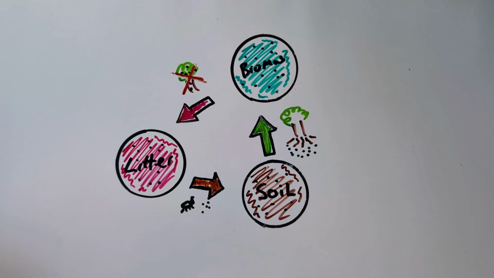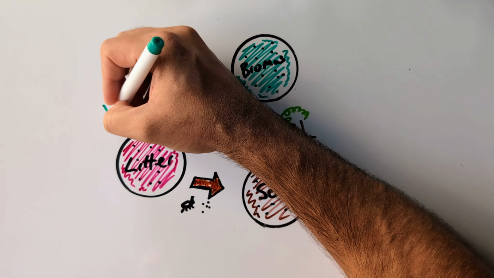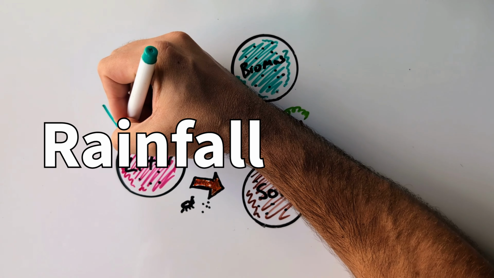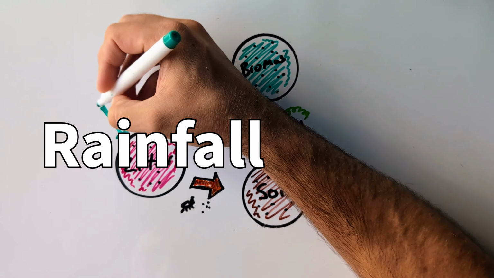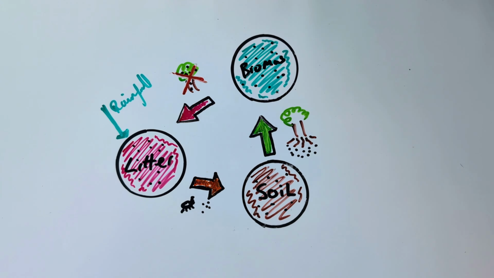Before we do our recap, we need to think about inflows and outflows. So let's do the inflows first. So rainfall can often add nutrients. Often this is from the carbon dioxide that is in our atmosphere. It's adding it to it.